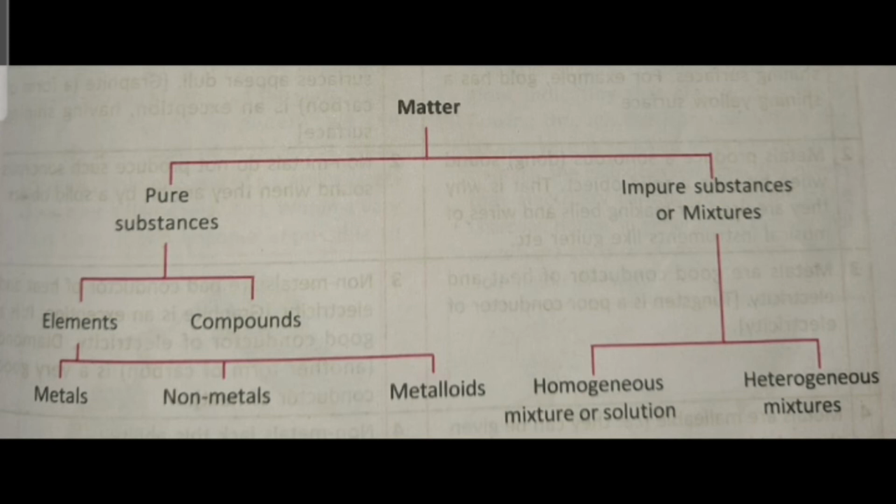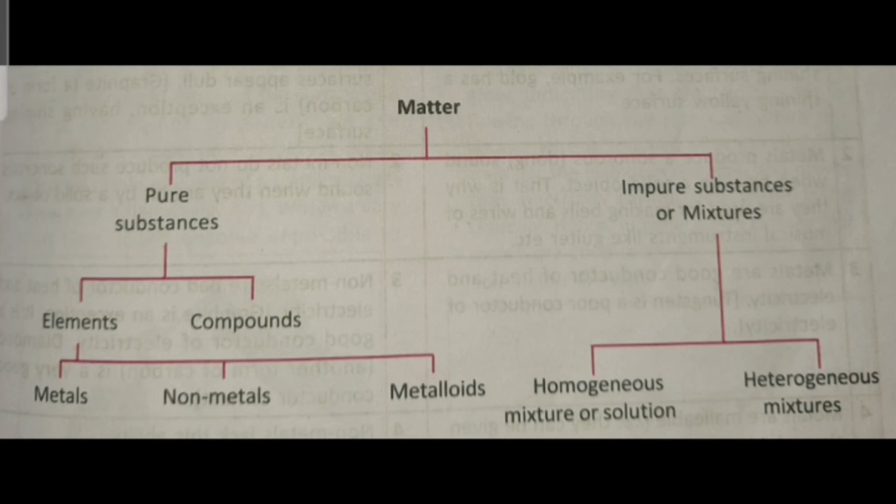For example, sugar is a pure substance since it is made up of particles of the same kind. An impure matter contains two or more pure matters mixed in a certain proportion. Thus, it contains more than one type of particle. For example, milk is an impure matter since it contains different substances like water, fat, protein, etc.